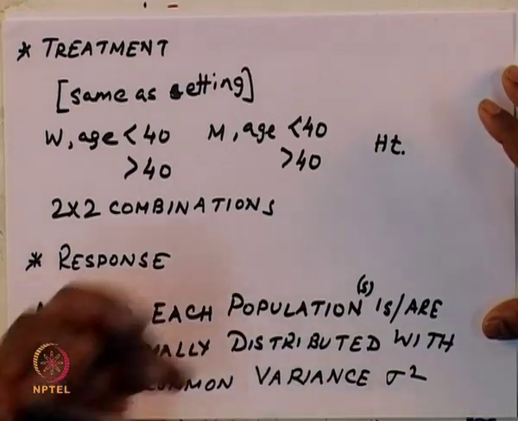So, each population is normally distributed and the variance is the same for each population. The means may or may not be equal to each other. Let me give an example of how that might be.